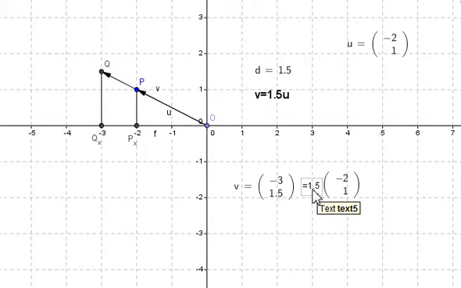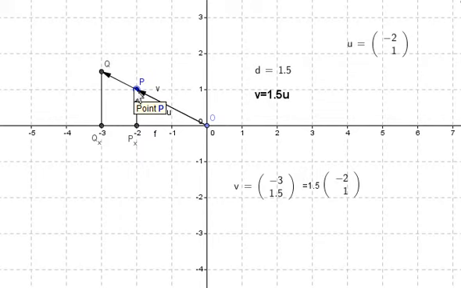Here in this case it's 1.5, so vector v has coordinates -3, which is 1.5 times -2, and its second coordinate is 1.5, which is 1.5 times 1.